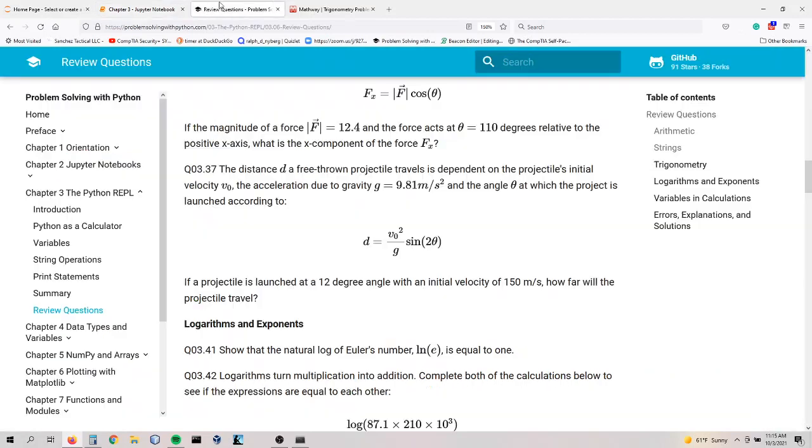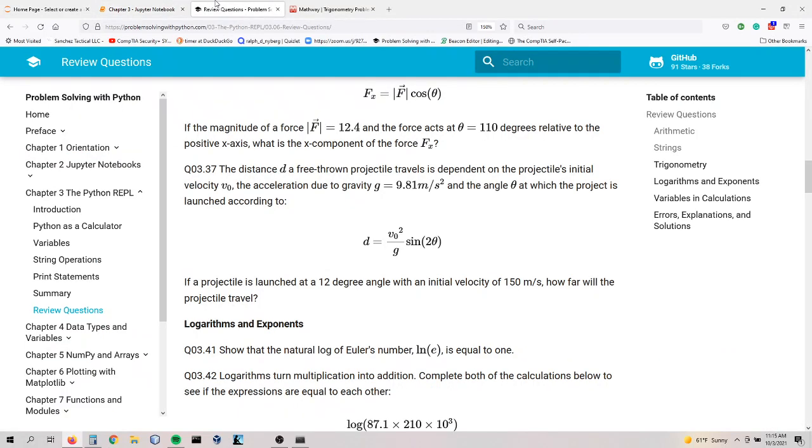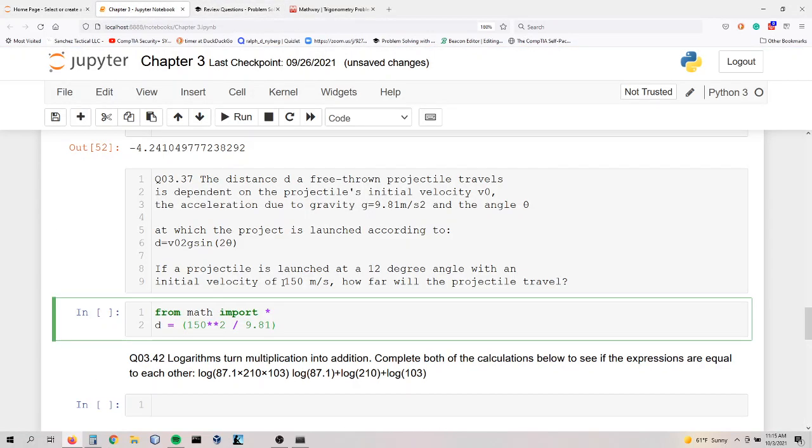So let's see what we do have. We have v_0 squared over g. So let's go ahead and put this in a bracket. We have 150 squared, and then that would be divided by g, right? Or am I already off on this one? Okay.